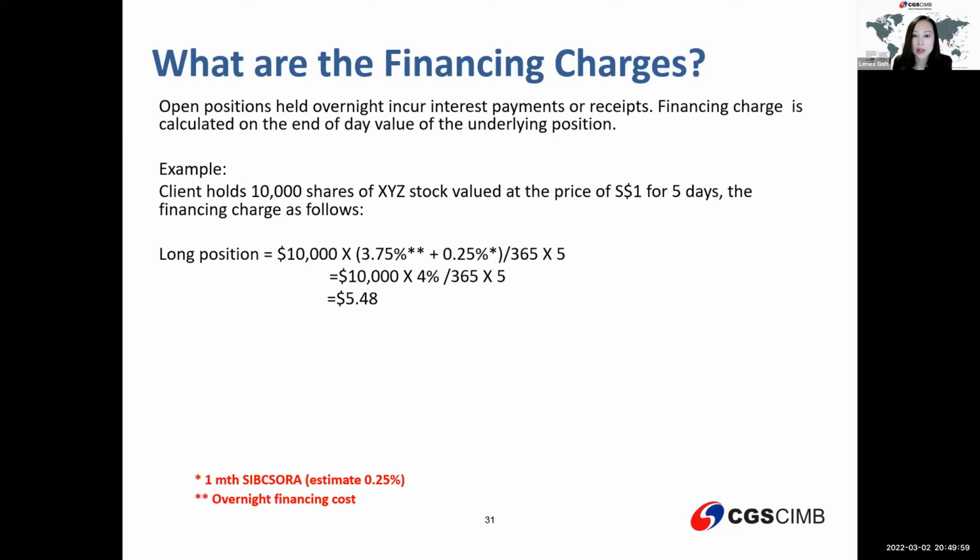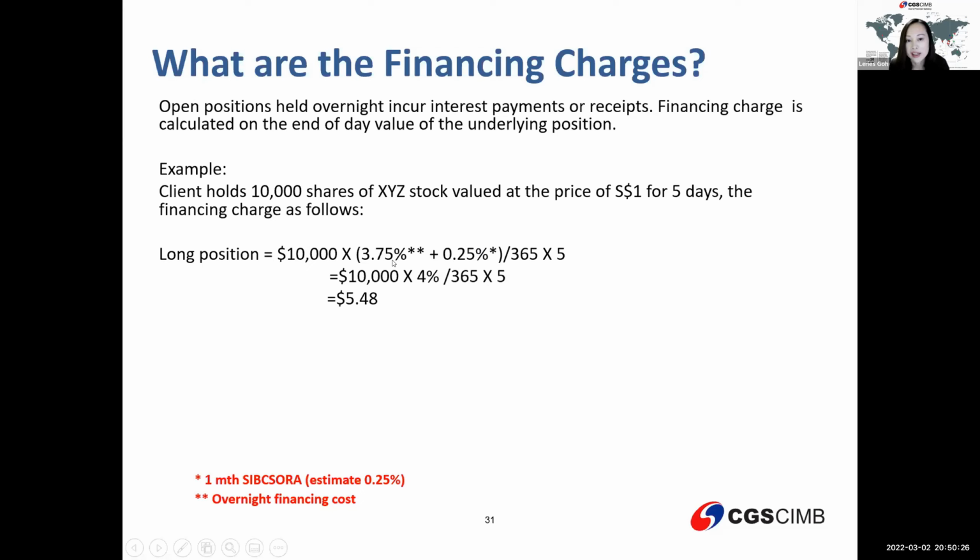So for example, for Singapore will be the 1 month SORA rate, and then for other markets, let's say for US will be the US overnight financing rate and so on and so forth. So you can refer to these rates on the website itself, okay? So let's say the base rate for Singapore market, because this example is Singapore stock, is 0.25%.